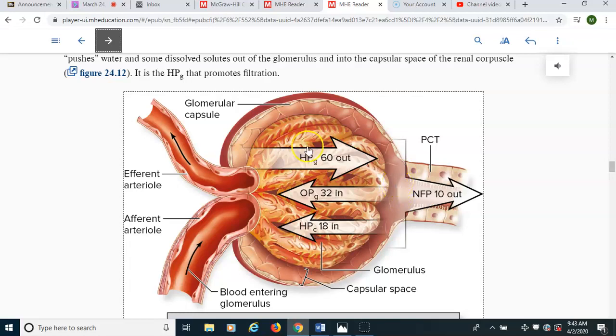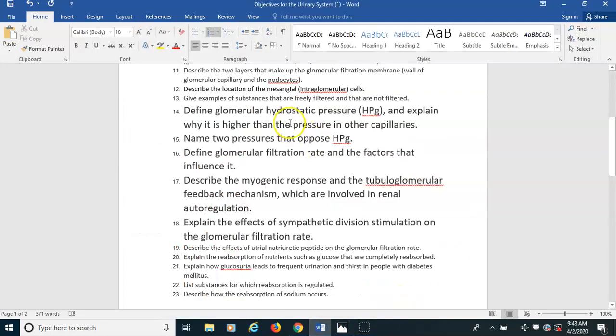And if we keep these pressures at these levels, then they do that at a certain rate. So we produce so much filtrate per minute so that we can maintain that filtration rate, which is important for our bodies.